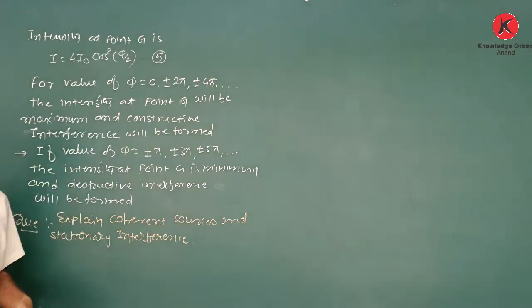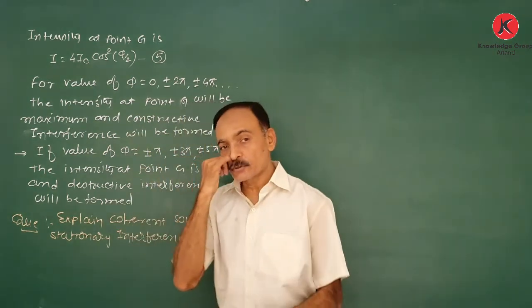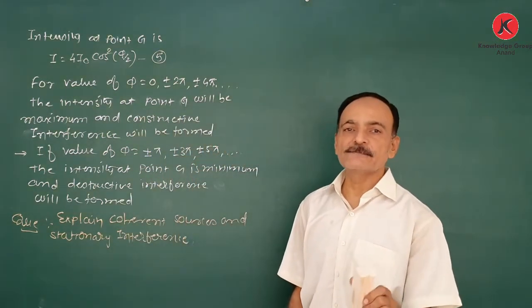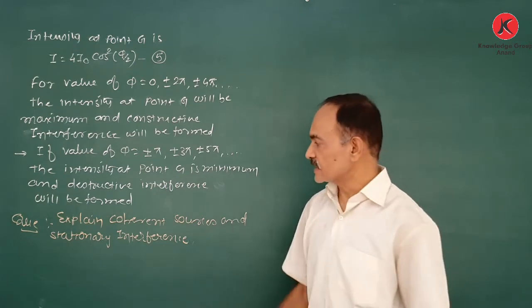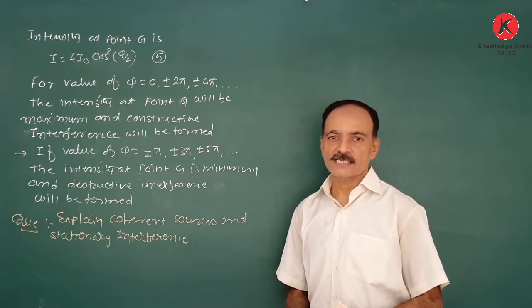Already we discussed the coherent sources. What are coherent sources? If two sources oscillate with the same phase, or the phase difference of their oscillation remains constant with time, such two sources are known as coherent sources. Clear this?